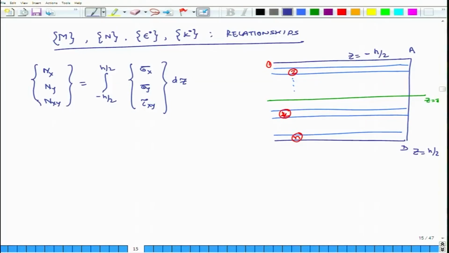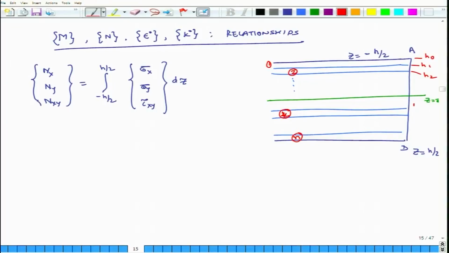Then we write down the coordinates of the beginning and end of each layer. I say that this is h0, this is h1, this is h2. What is the thickness of the top layer? It will be h1 minus h0. What is the thickness of the second layer? It will be h2 minus h1. What is the thickness of the kth layer?